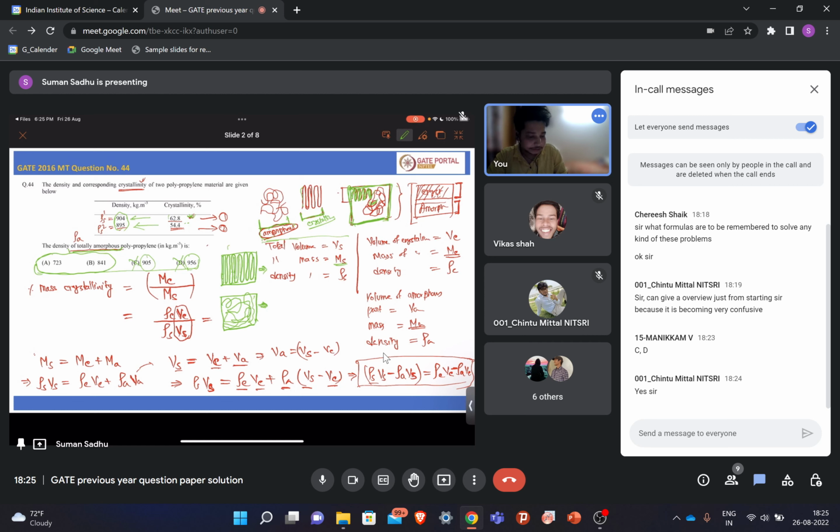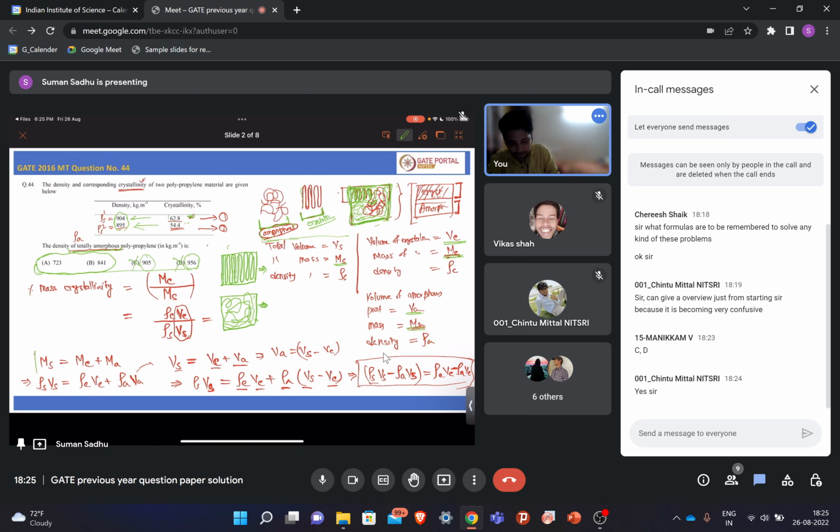Its volume is Vc, mass is Mc, and density is rho c. The other part is arranged randomly and is amorphous. Its volume is Va, mass is Ma, and density is rho a.